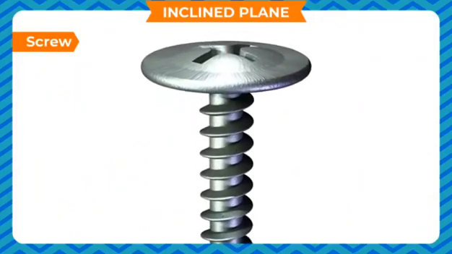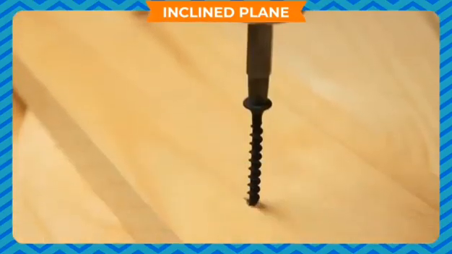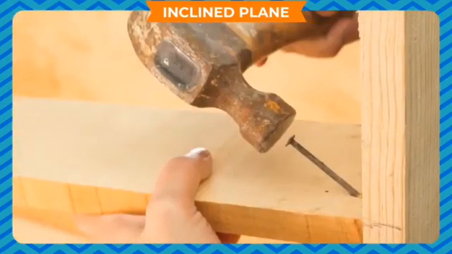Screw. Have you seen a screw? Its head has a groove to insert a screwdriver to turn it, and an inclined plane wrapped around a cylindrical rod spirally. It is used to hold things together. The screw is a simple machine. When we try to insert a nail into wood, we have to hammer it.